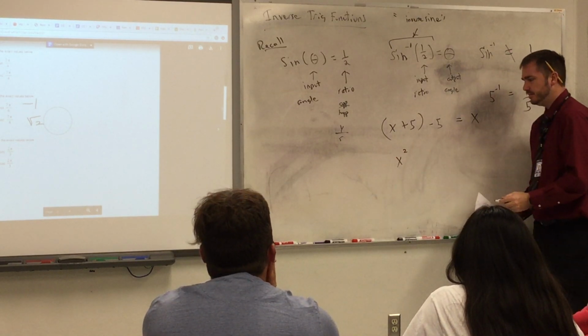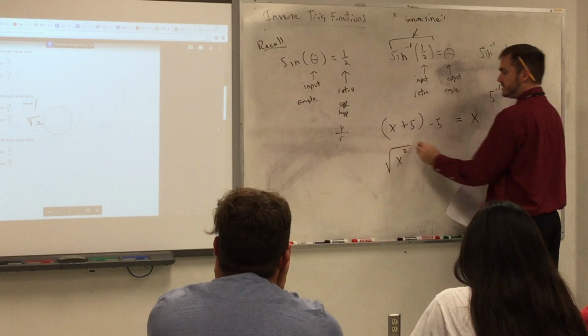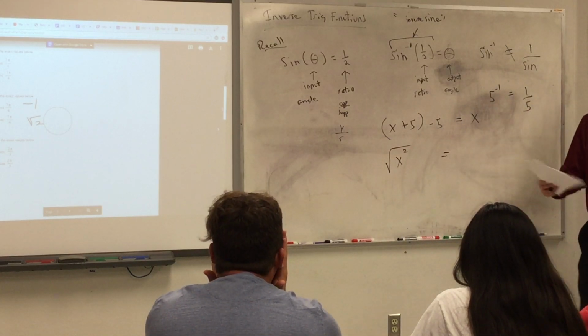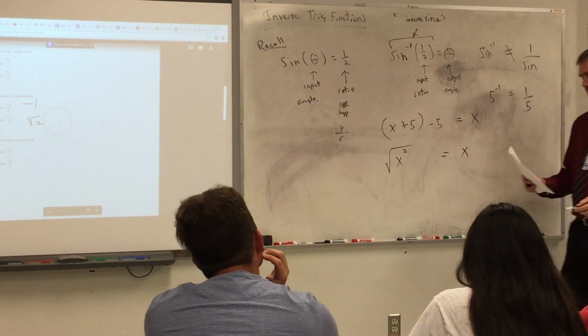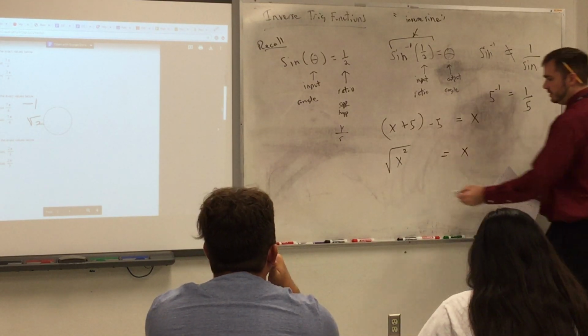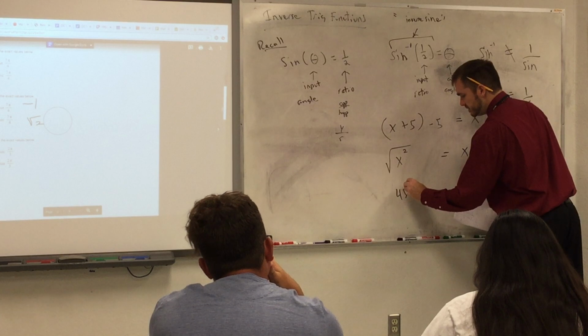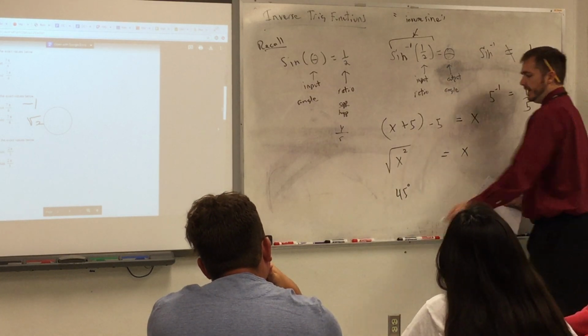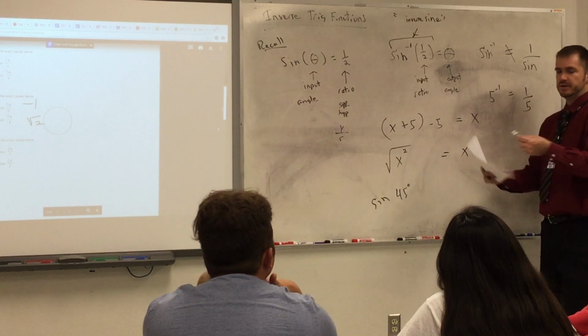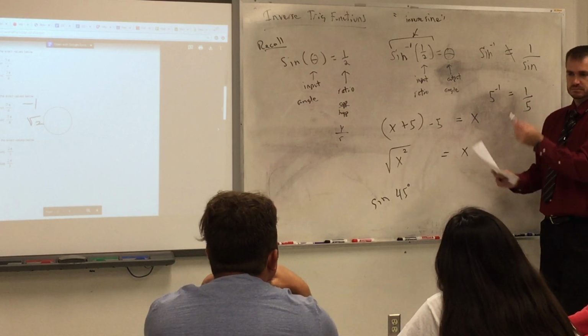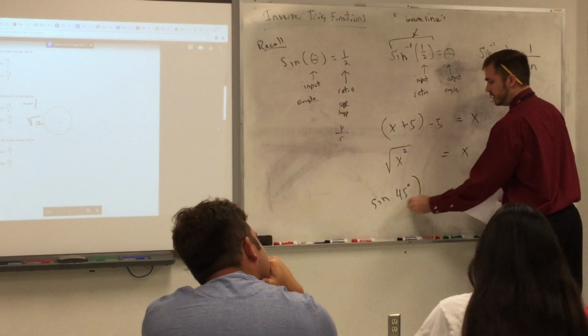What about this? X squared. And then I take the square root. Where am I? I'm back at x. So what about this? What if I had 45 degrees and I took the sine of that? Okay, so now I've got some ratio, right? Some y over r.